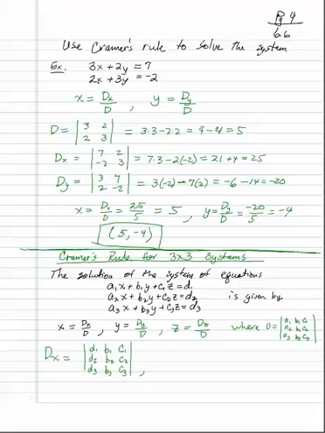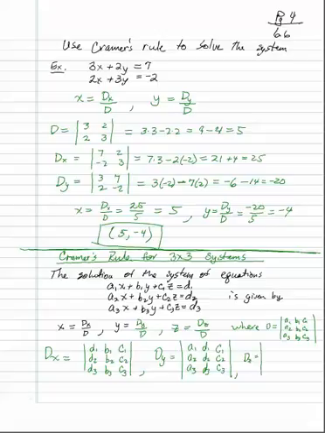D sub y would be, now we're going to let the x's and z's stay the same. So the coefficients of z is c. And then we're going to take the y column out and put in the constants, b1, b2, b3.